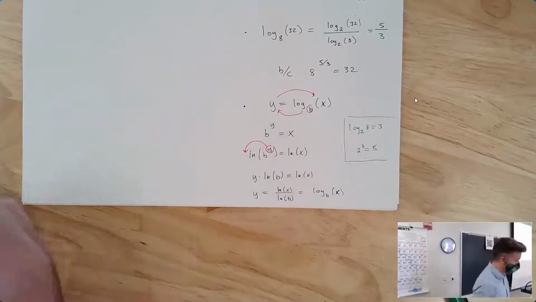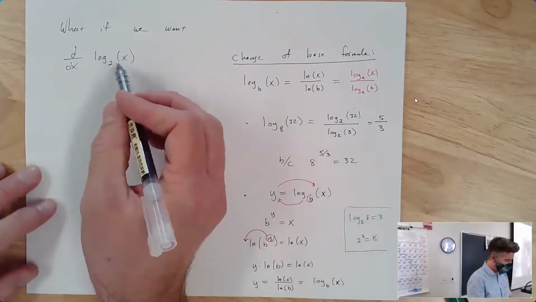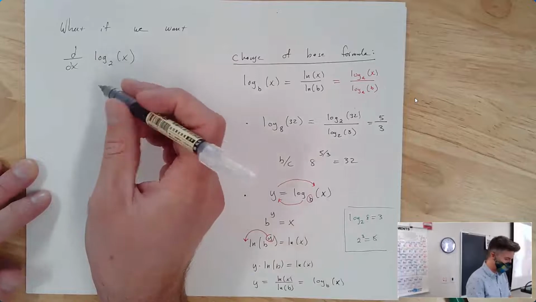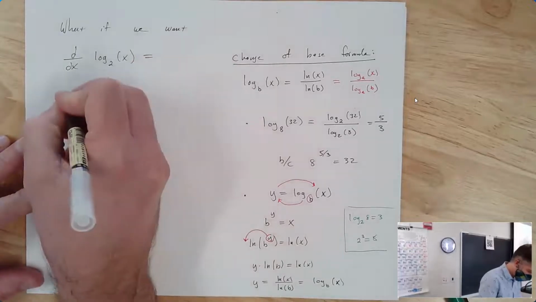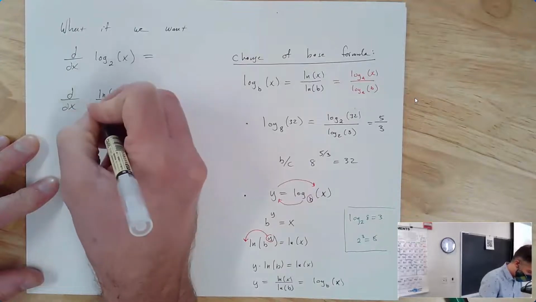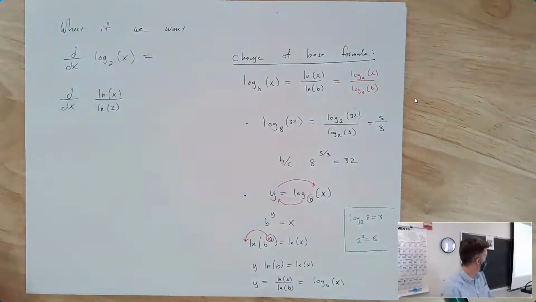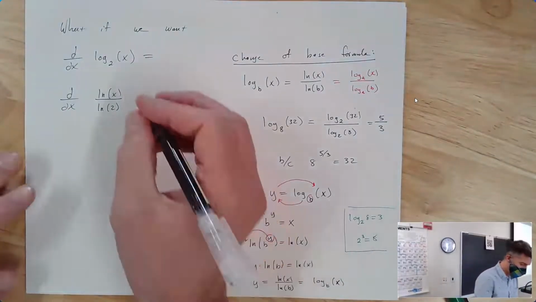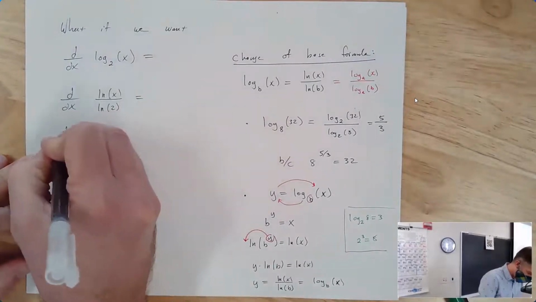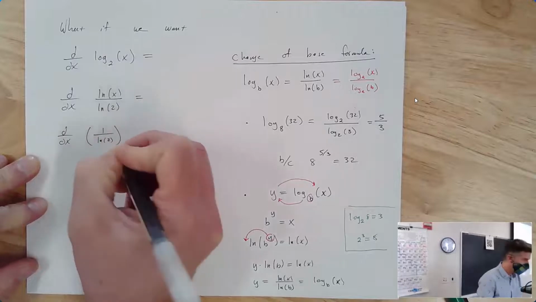So why is that useful to us? Well, now we can go back up to this problem and rewrite log base 2 of x as the derivative of the natural log of x divided by the natural log of 2. I don't need to use the quotient rule here because I can think of this as the coefficient 1 over natural log of 2, which is a constant.